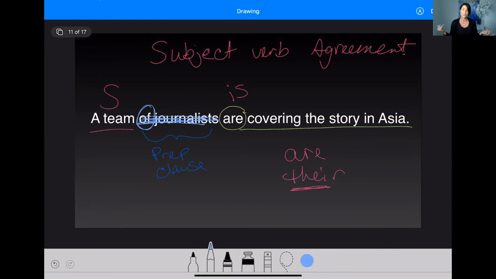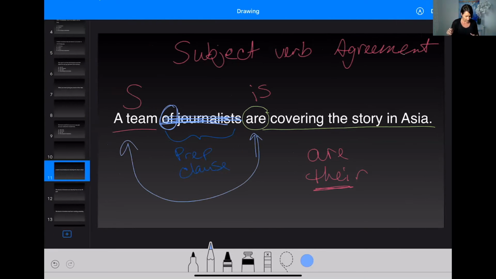It's just that people don't apply that same type of precision to their writing or to their grammar. So you can essentially pull that out of journalists, throw it away, and you have a team is covering the story in Asia. Be very, very careful there. You see something like this, slow down, check your subject, make sure your subject and your verb agree. Okay? All right, let's go to the next one.